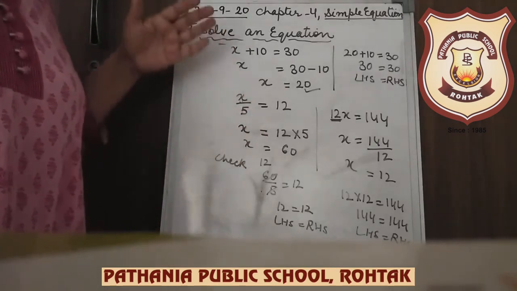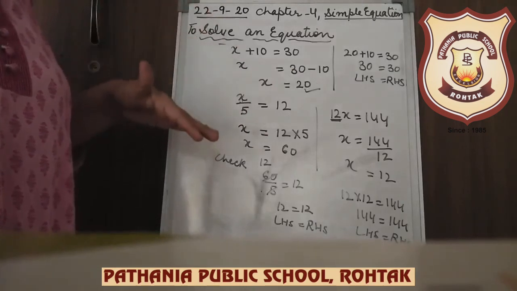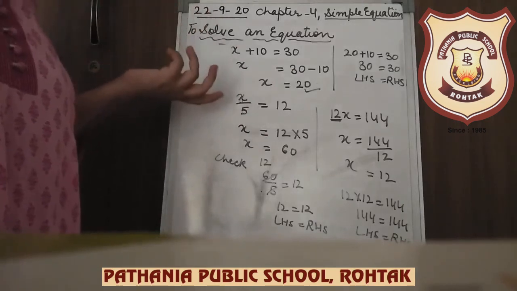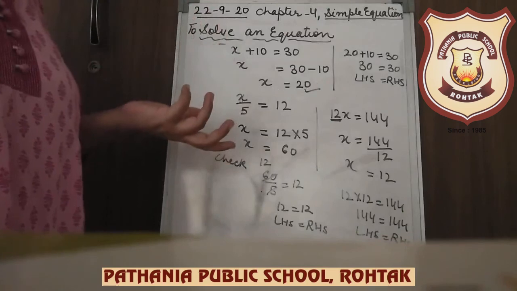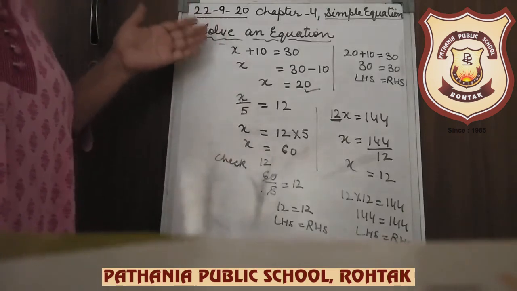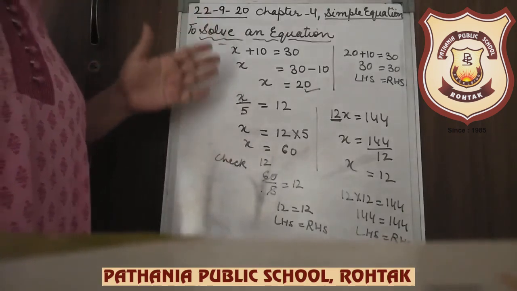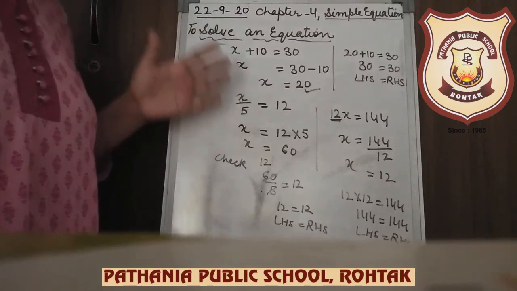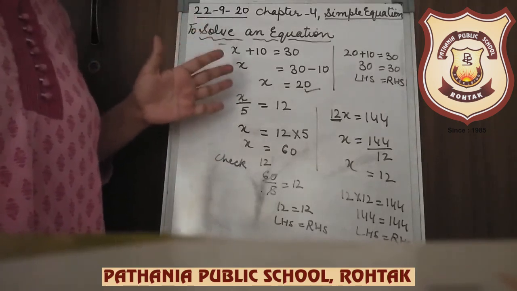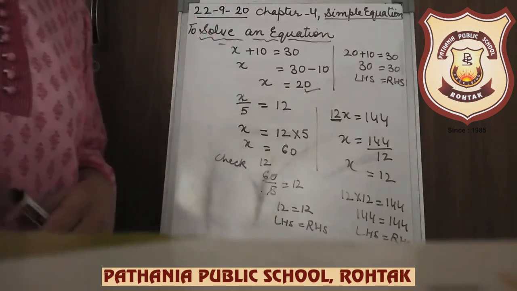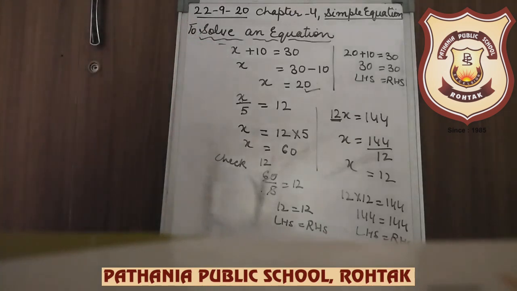You have done so many tries over there, and with tries there can be an error also. So that was the trial and error method, and this is the systematic method in which you solve the equation. This is regarding your exercise 4.2.